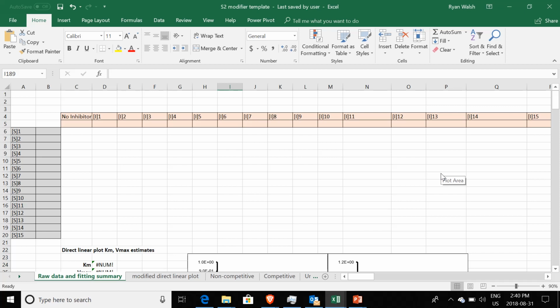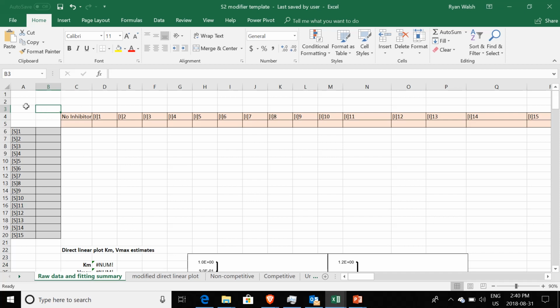So I'll just do a quick go through on what this template does, and then we'll look at the data from that note from biotech, and we'll see if it actually does fit to competitive inhibition. So if you want to fit your data and look at what model it conforms to, you can just drop it in here.